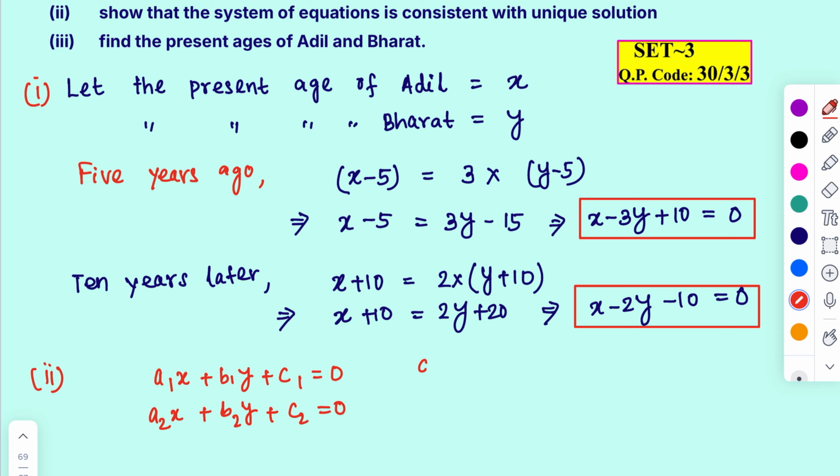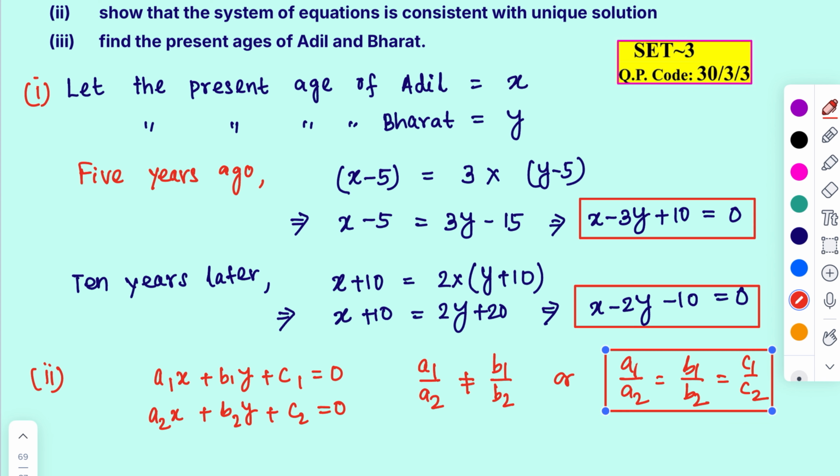For unique solution, we have to find a1 by a2 should not be equal to b1 by b2. Or for infinite solution, we will write a1 by a2 is equal to b1 by b2 is equal to c1 by c2.